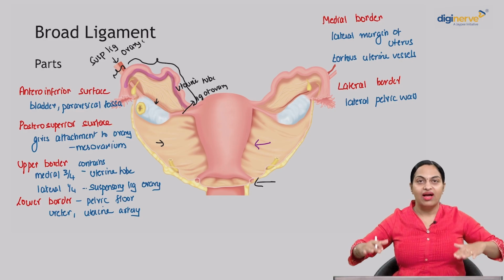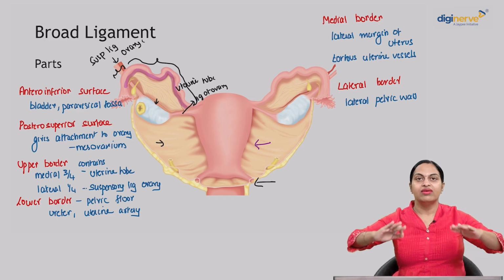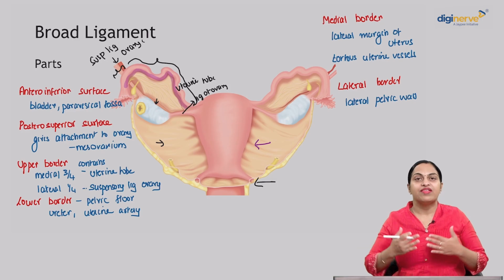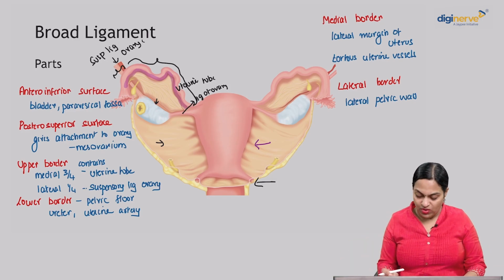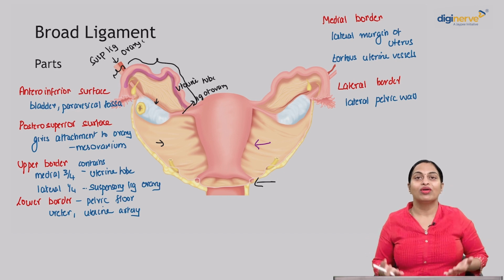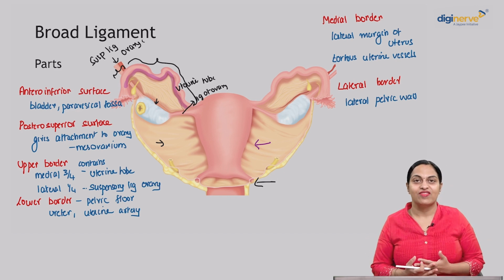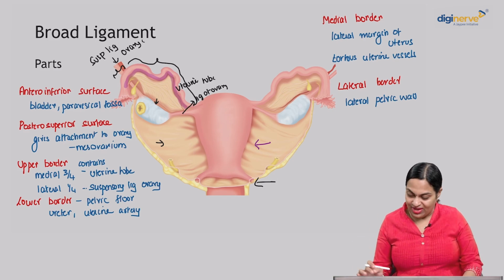the pelvic diaphragm. And here, the anterior and the posterior layer separate from each other in the lower border. Just now we saw, over the lower border, the related structures: the ureter and the crossing of the uterine artery.